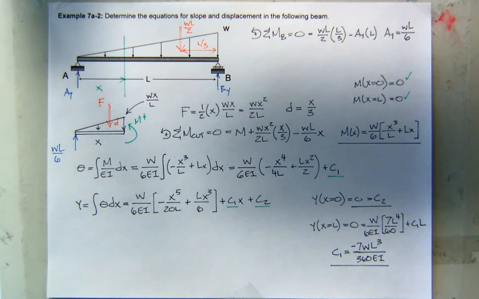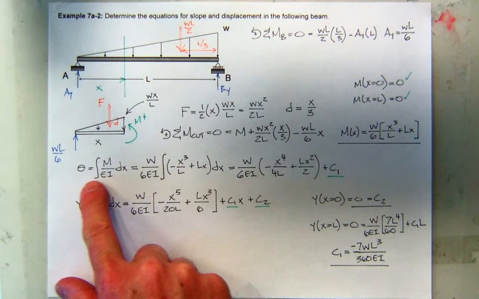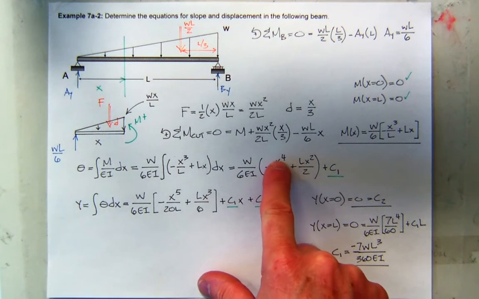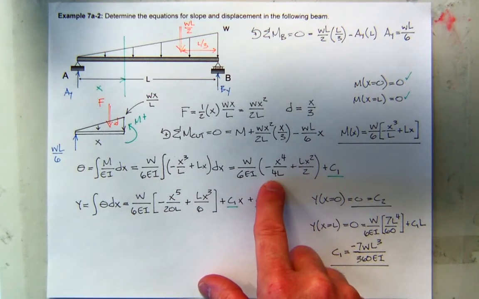Now, if you're working a problem, say, on Mastering Engineering, and they ask you what's the maximum displacement in the beam, you got a little more work to do, right? You got to go back to your slope equation, which is 4th order, and find some roots.